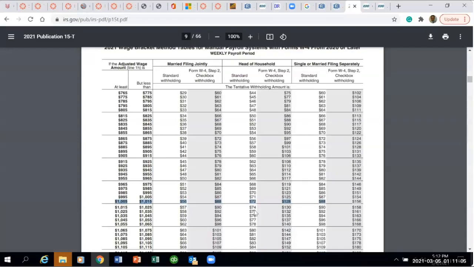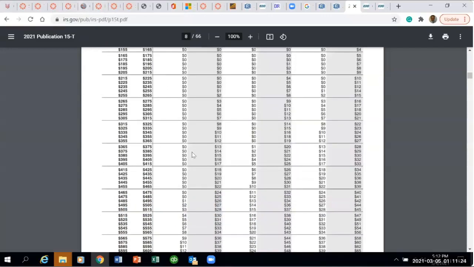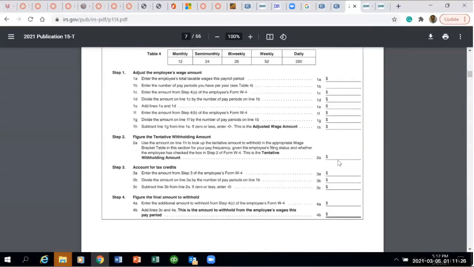Single, $88, 1,008. New W-4 using the tax bracket table, not percentage. Okay, so that's 88. And if you go up, that's where the calculation comes, 88, right there.